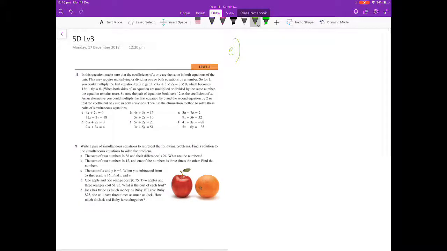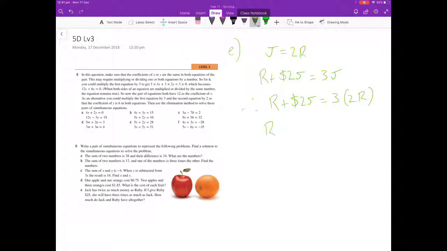Jack has twice as much money as Ruby. J is 2 R's. If I give Ruby $25, she has 3 times Jack. Let's sub the J equals 2R into where the 3J is. So R plus 25 equals 3 times 2 R's.